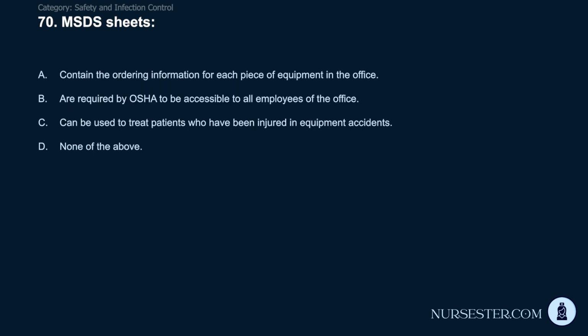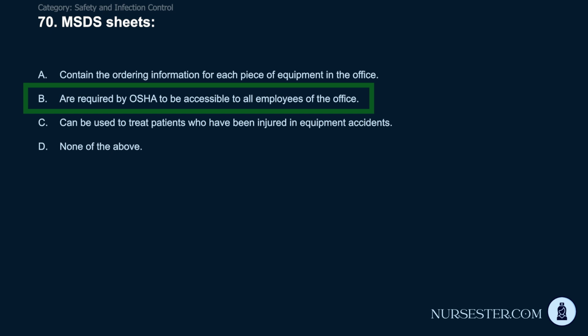70. MSDS sheets A. contain the ordering information for each piece of equipment in the office. B. Are required by OSHA to be accessible to all employees of the office. C. Can be used to treat patients who have been injured in equipment accidents. D. None of the above.